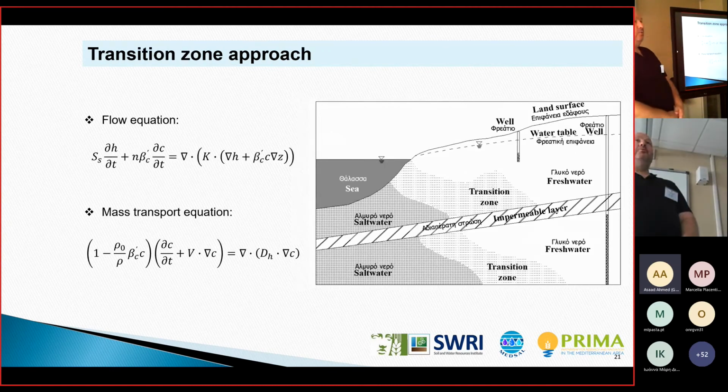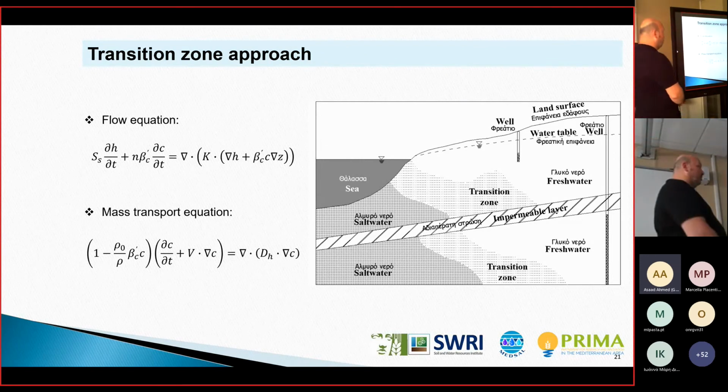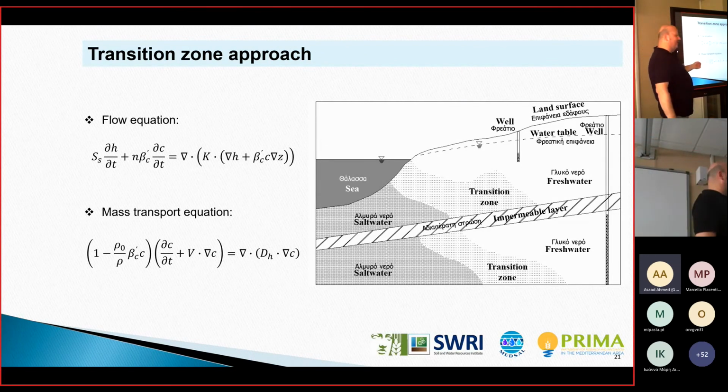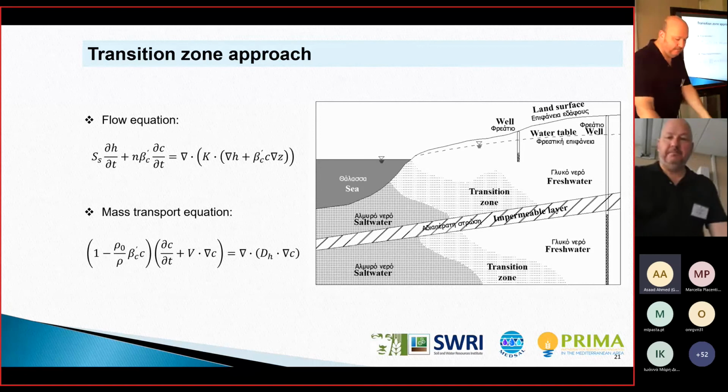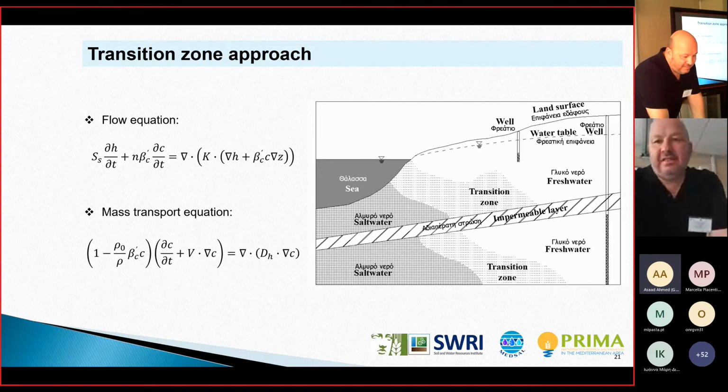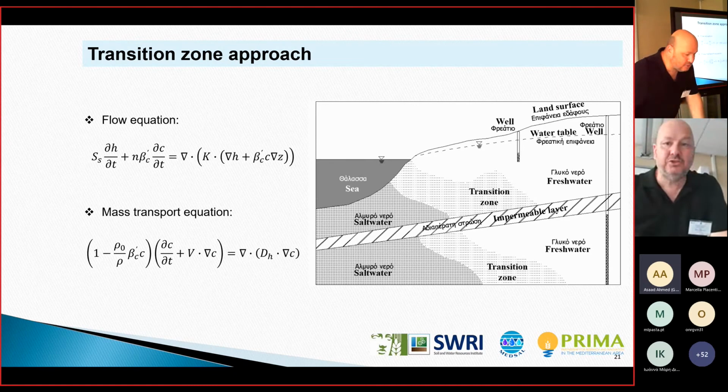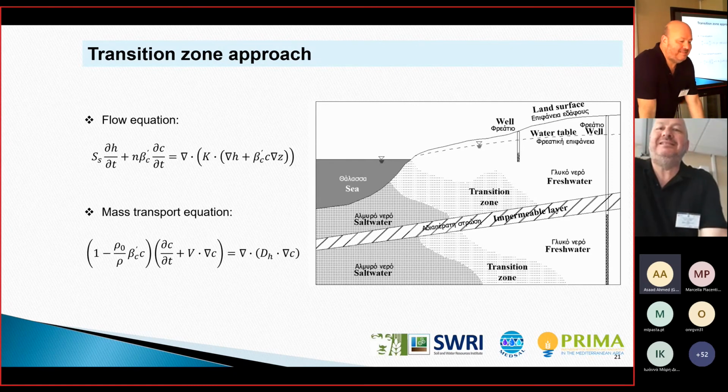In the transition zone approach, we also have two governing equations, but one is for water, the flow equation, and one for salinity, the mass transport equation. We solve the problem for the freshwater head, HF, and the concentration of salts, C. The benefit of using the transition zone approach is that we can have the distribution of salinity in the transition zone.